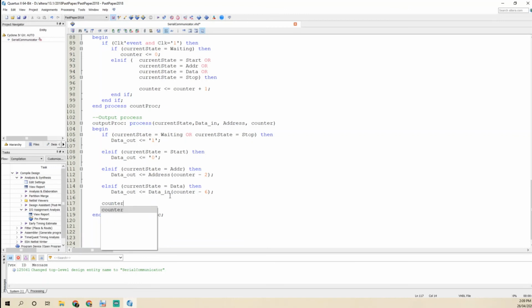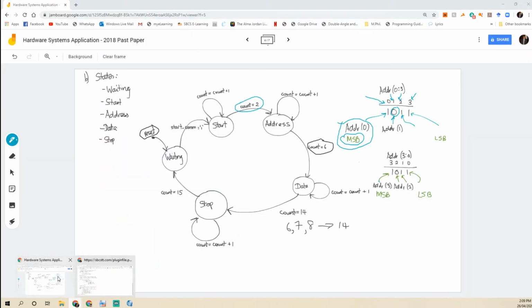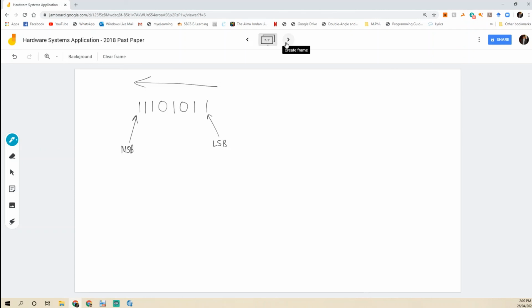When the counter is equal to 6, data_in(counter minus 6) is the same as data_in(6 minus 6), which is data_in(0). Because I index this using 7 down to 0, this is now my least significant bit.